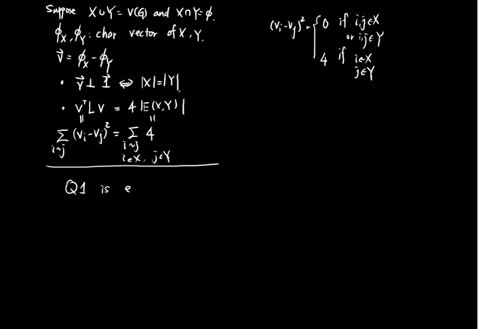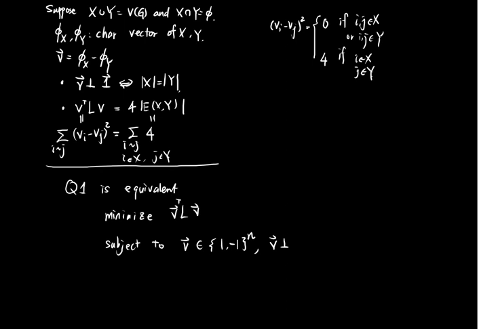Q1, the original question, is equivalent to: we want to minimize V transpose L V, because V L V is just 4 times the number of edges, subject to V in Rn, of course, or maybe a bit better, V is a vector which is 1 or minus 1 in each entry, the Cartesian product of 1 and minus 1, and V is orthogonal to 1.